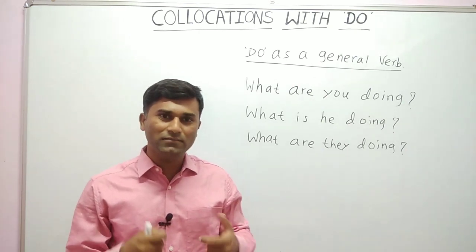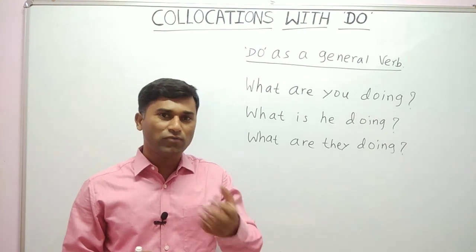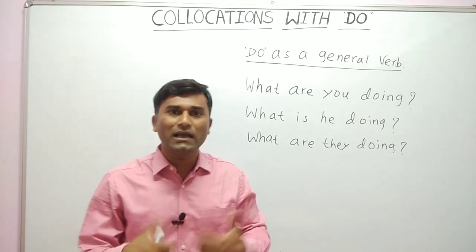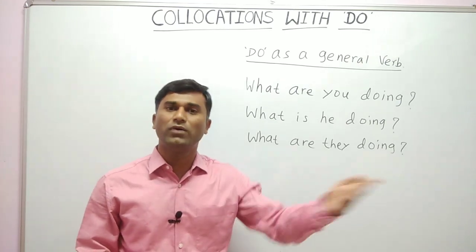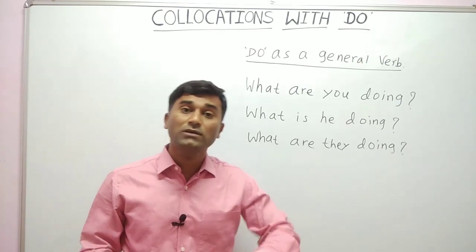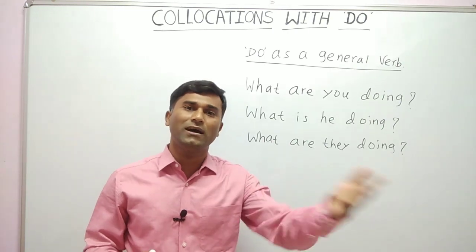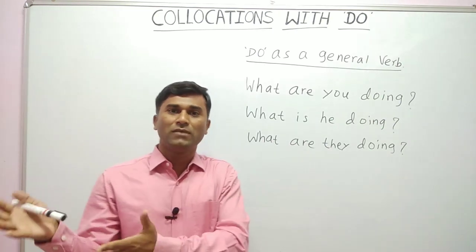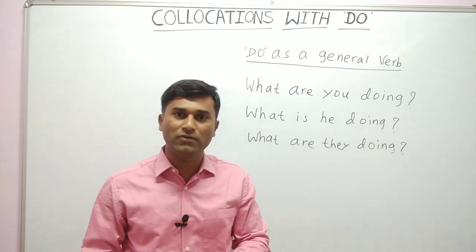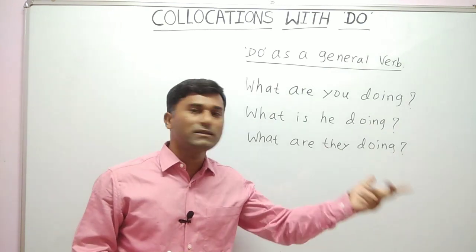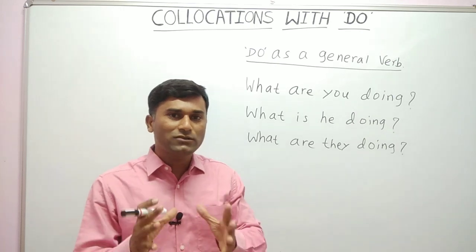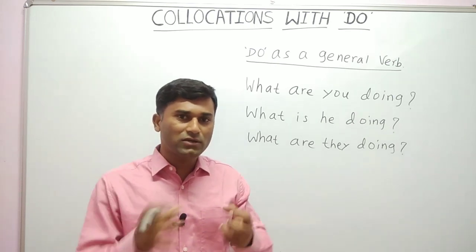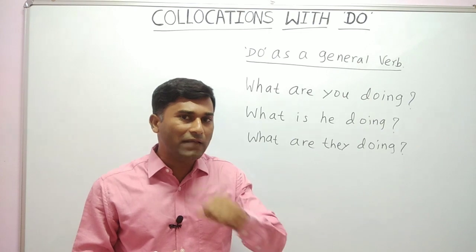At that time, he uses the verb do for the activity that I am doing, and I'll say I am reading. Or for example, there are some people who are dancing and somebody says, what are they doing? So you say they are dancing. Or there are some players who are playing on the ground and somebody asks, what are they doing? So you say they are playing. So do as a general verb can be used for an activity.